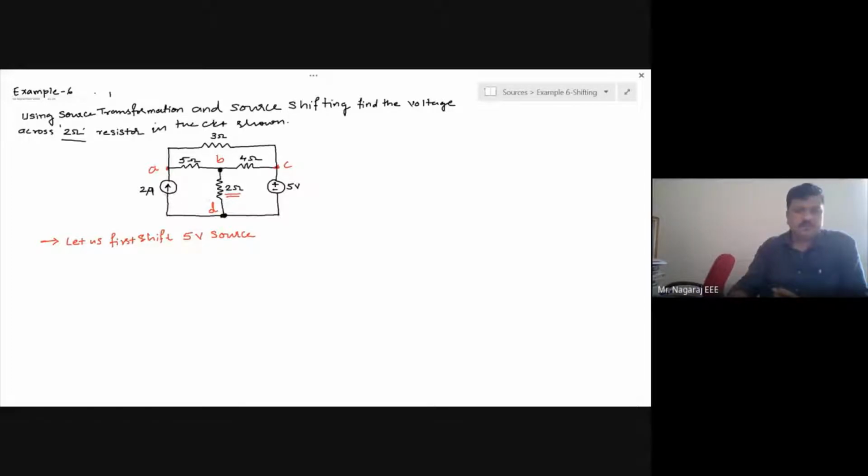Second thing is that once I take this 5 volt source into this 2 ohm branch, then I cannot reduce that branch further because I need this 2 ohm till the end of analysis. So it is convenient for me if I shift this 5 volt source beyond the node C.